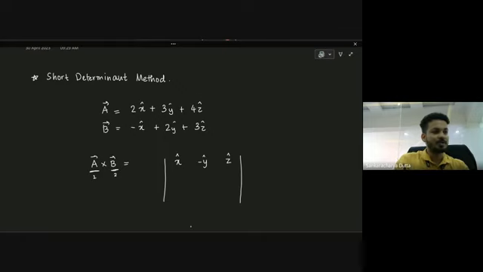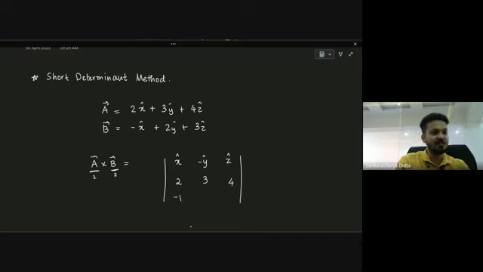So x is 2, y is 3, and z is 4. Again, this minus sign is just symbolic. Don't say, sir, this is y, I should write minus 3 here. No, this minus sign is symbolic here. You just write all the a vector quantities here. After that, first vector, and then after that you write the second vector.